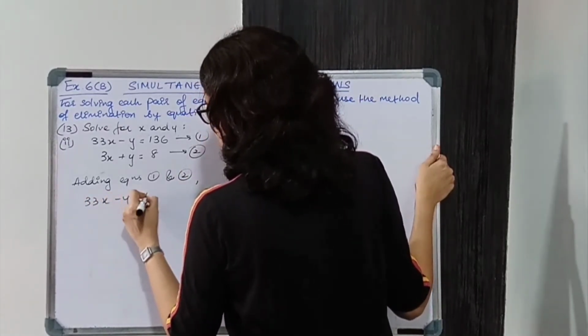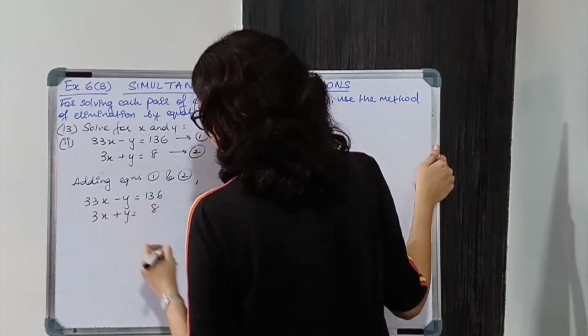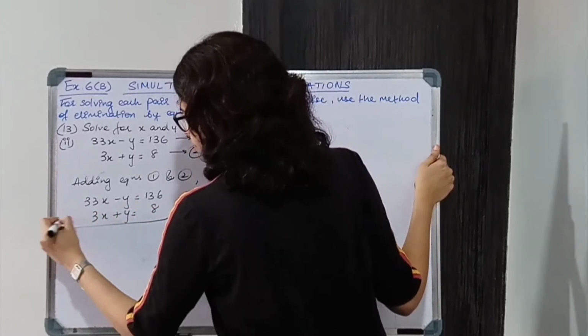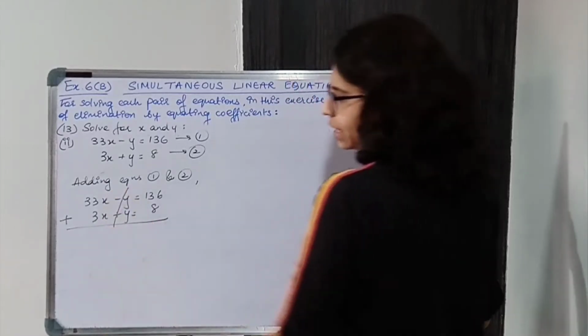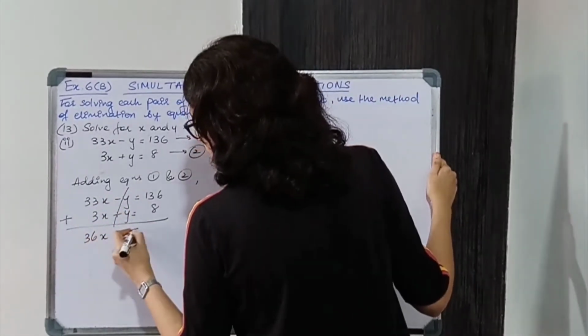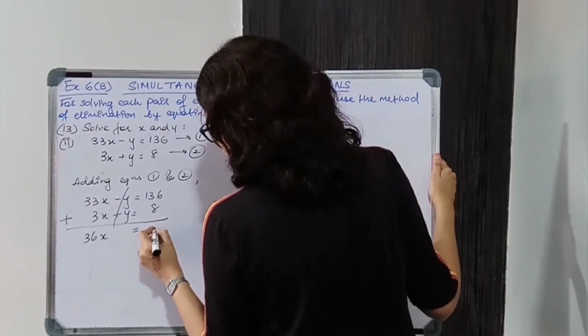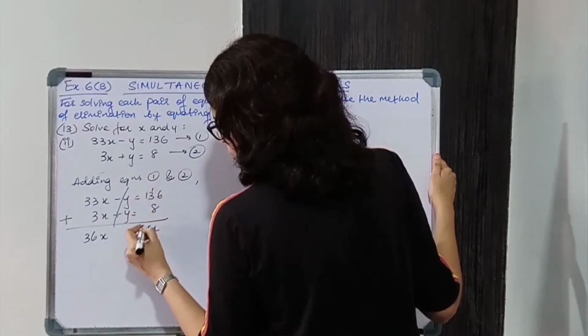33x minus y is equal to 136 and 3x plus y is equal to 8. This will get cancelled. 33 plus 3 gives 36x. Okay, 136 plus 8. So 8 plus 6 14, 4 1.